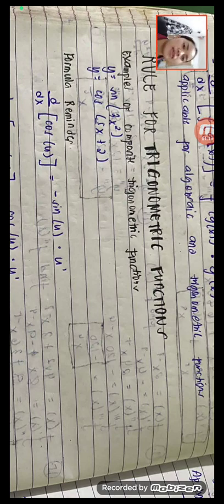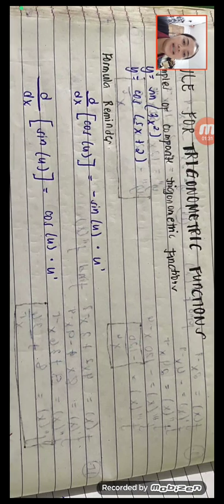Trigonometric functions include sine, cosine, tangent, secant, and so on. The formulas are: d over dx of cos u is equal to negative sine u multiplied by u prime, the derivative of u.